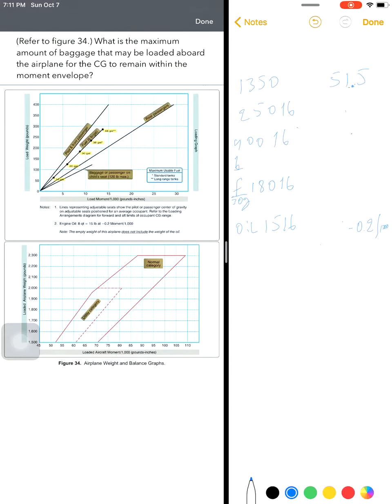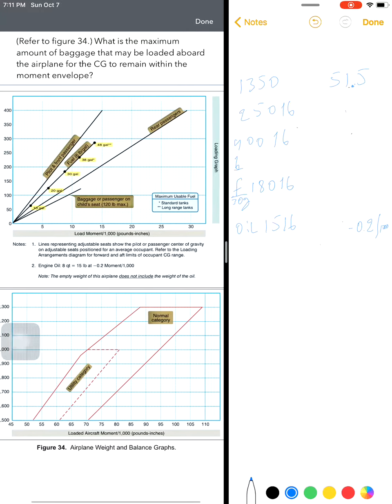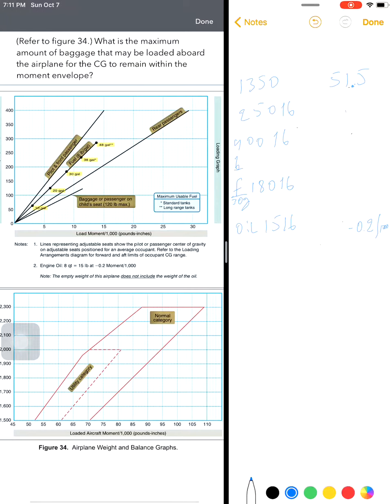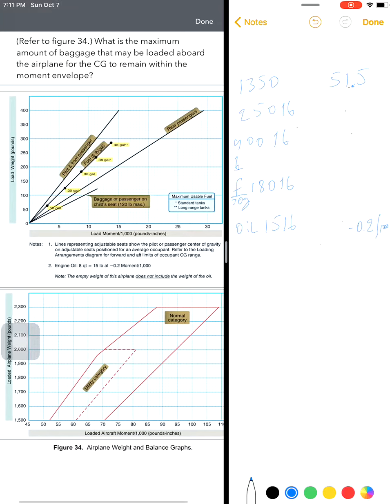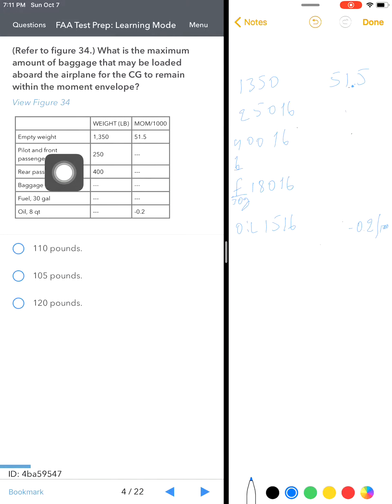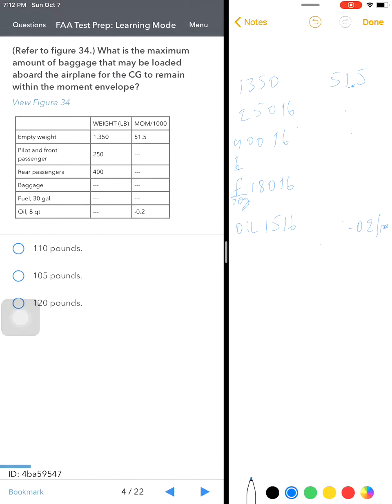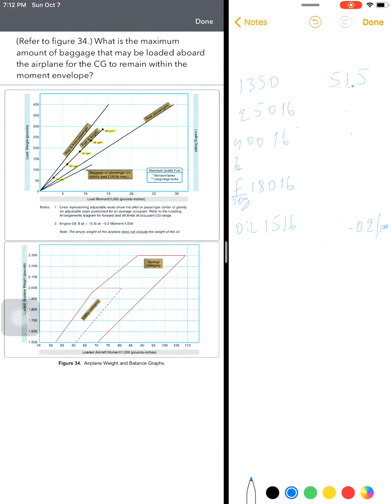So let's go back to this figure. We're going to go to this diagram, the loading graph here. Let's say we're trying to look for the front passengers: front pilot and front passenger 250, rear passenger 400. Let me go back and show the figure. I'm going to zoom this in a little bit.